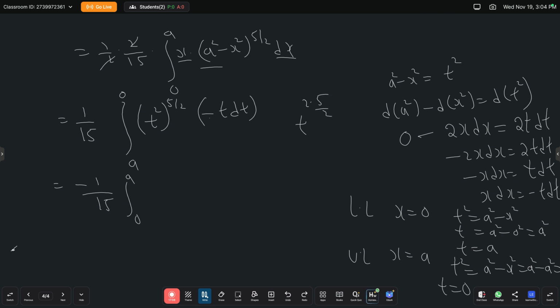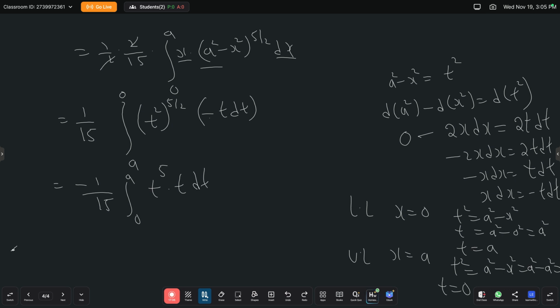Since a power m whole power n is equal to a power m into n, here the 2 gets cancelled. So t square power 5 by 2 is t power 5. So here I am writing t power 5. This minus I wrote before the integral. Next, what is remaining? t into dt.